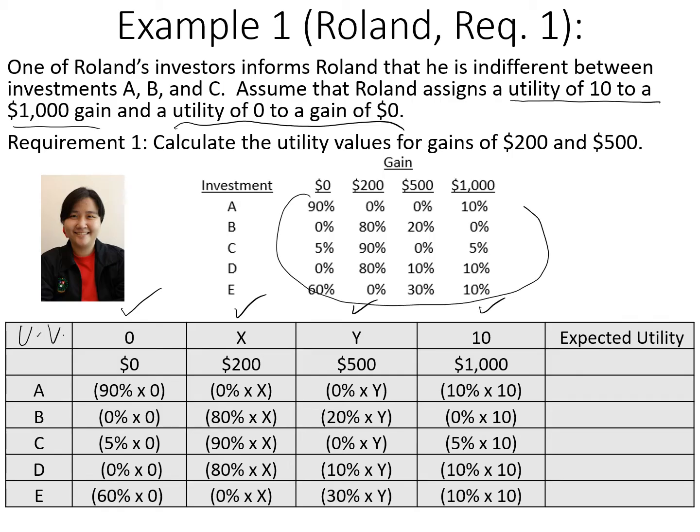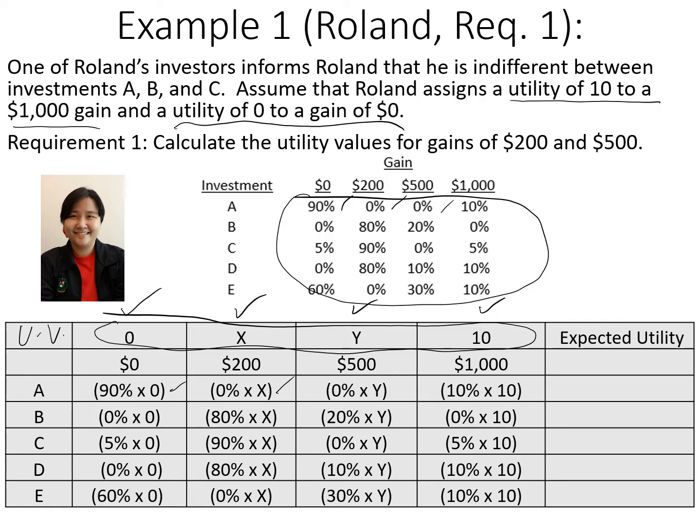So these are the probabilities and these are the utility values. So for example, if you invest in investment A, then there is a 90% chance that the gain is 0. So you multiply 90% times the utility value of 0 gain, which is 0. And then there is a 0% chance that there will be a gain of $200. So you multiply 0% to the utility value of $200, which is X. And then you have a 0% chance that you will gain $500.